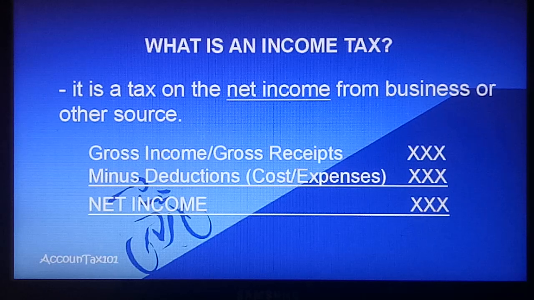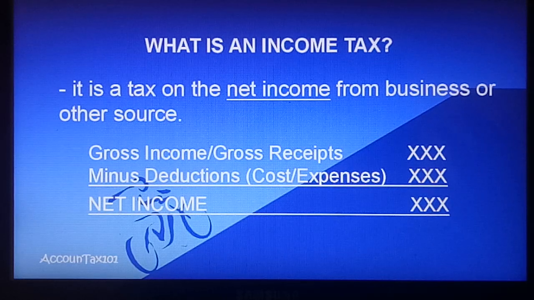Gross income or gross receipts minus deductions or our costs and expenses to get net income. So, ang gross income or gross receipts, ito yung mga kabuuang pinagbentahan natin or income na na-receive. Ang deduction naman, ito yung mga gastos sa business. O, diba? Madali lang mag-compute. So, gross income minus deduction is equal to your net income.